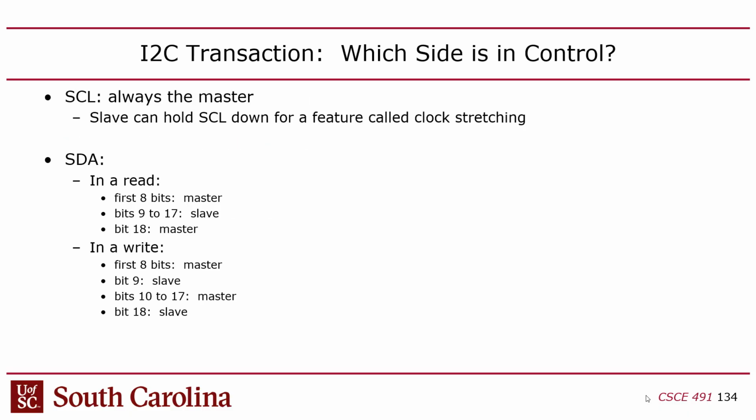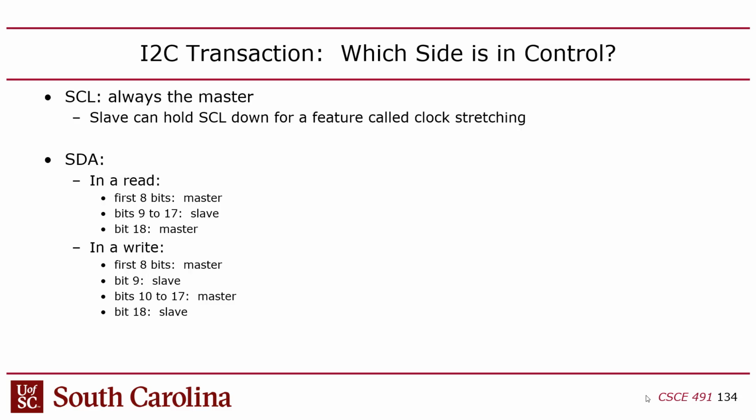Okay, so this is just restating something I've already mentioned, but just to clarify. Generally, the clock is always controlled by the master, except in that case where you do clock stretching, as I mentioned earlier. There are some cases where the slave may want to put its hands on the clock, but generally speaking, the master controls the clock. The data, if you're doing a read, is controlled by the master for the first 8 bits, and then bit 9, which is the acknowledgement, followed by the next 8 bits, so 9 to 17, is the slave. Is that right?